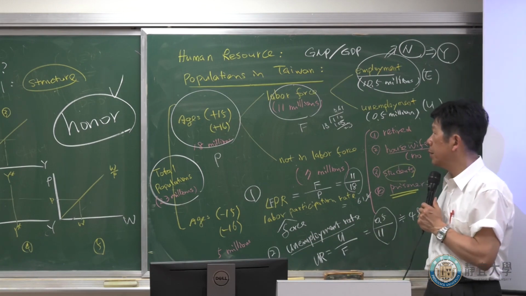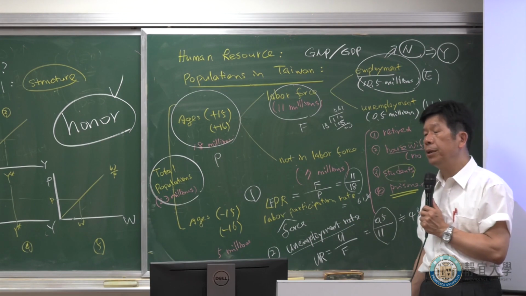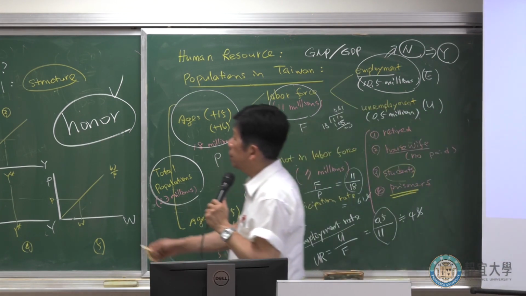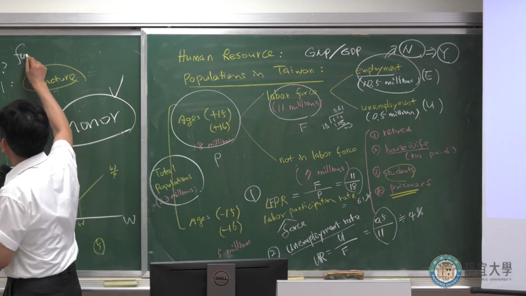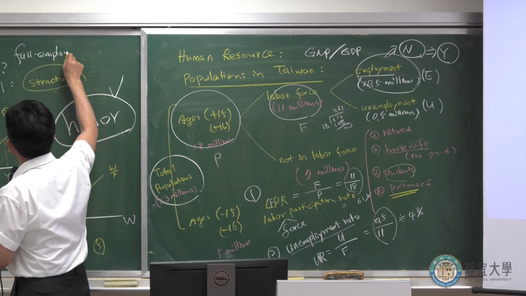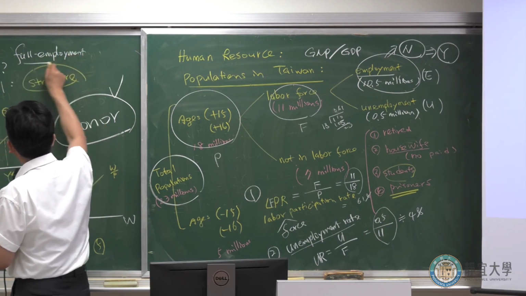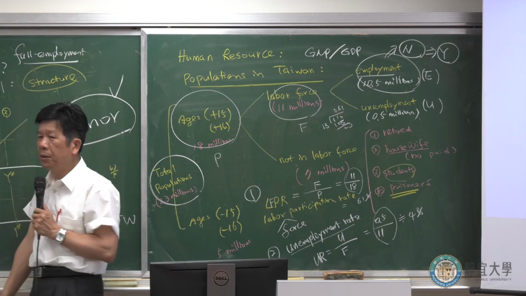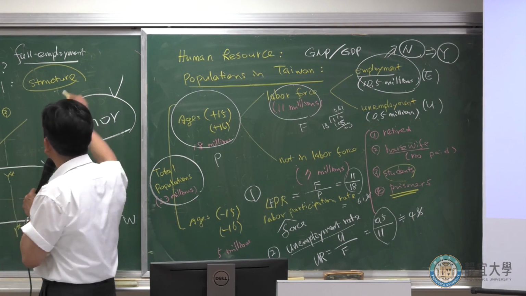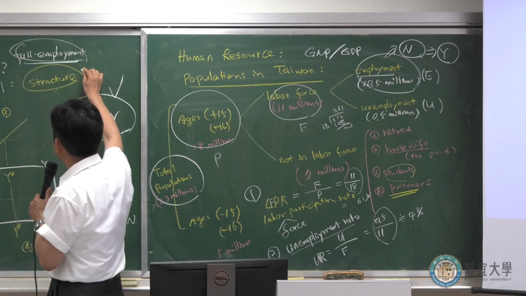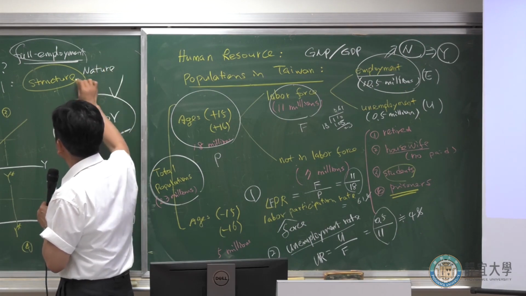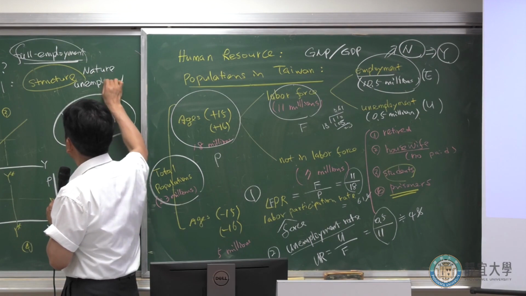Besides the unemployment rate, we also need to know something about full employment. What is full employment? Full employment does not mean the unemployment rate becomes zero. No, not zero. Basically there is what we call the natural unemployment rate.